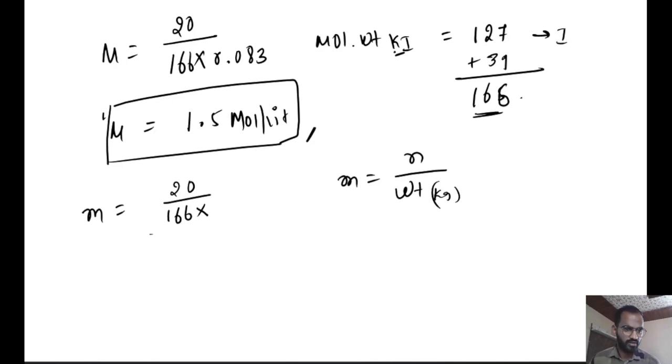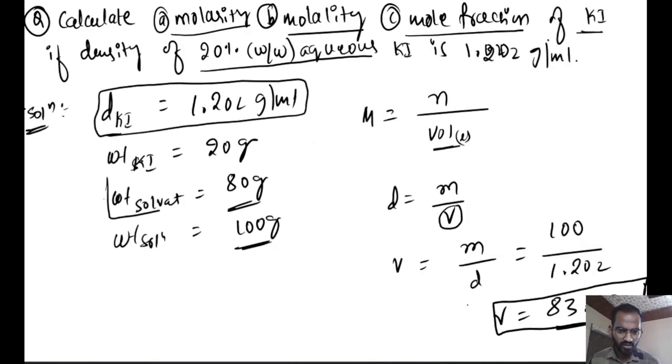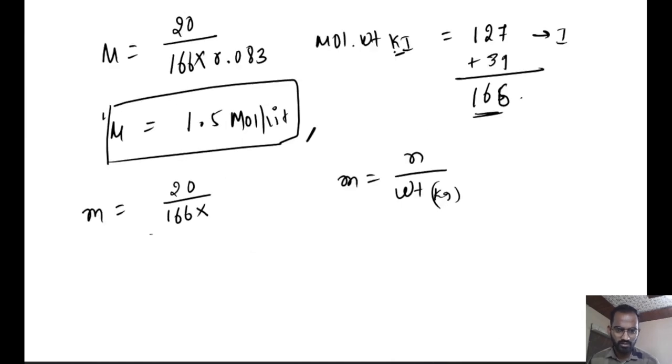What is the weight of solvent? Here the weight of solvent is 80 gram, so I can take 0.08 kilogram. So molality will also come approximately, see here 0.083 is in molarity, here the weight of solvent is 0.08, and it will come around 1.4.